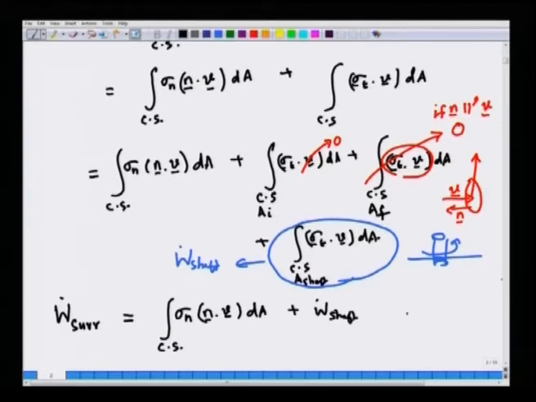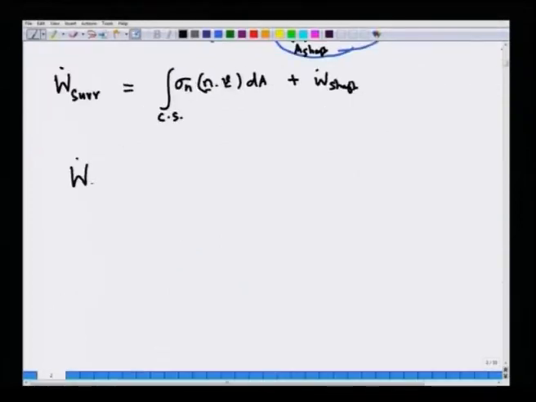Now, the quantity that we are interested in is the rate at which work is done by the CV on the surroundings. It is minus integral over CS of sigma n n dot V dA minus W shaft, because it is the negative of the previous expression.